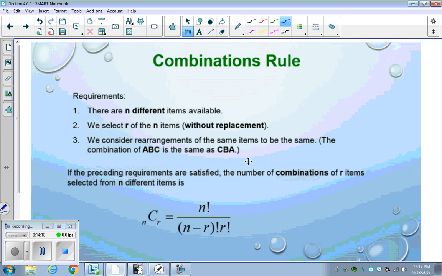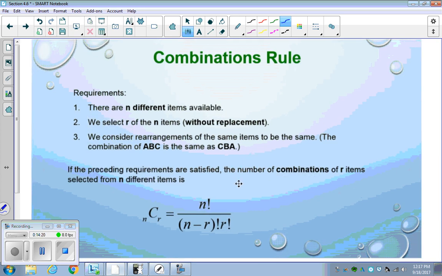Okay, so here's the combination. And we talked about it already. We said, hey, order doesn't matter. Order does not matter. I have 20 of you. I'm randomly going to select 4. And those 4 all get the same treatment. They all get to go to San Diego.